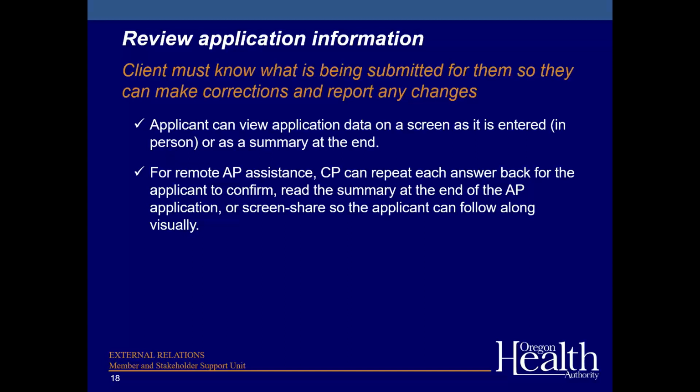The applicant says, "Oh, I make $250 a week," and then we can report back and say, okay, so what I'm putting in here is that you have a weekly paycheck of $250. And then we can just make sure that we're getting it right. You could read the summary at the end of the applicant portal application. If it's possible, I don't know how common this is, but you could screen share so the applicant can follow along visually. And there may be other ways to do this as well.